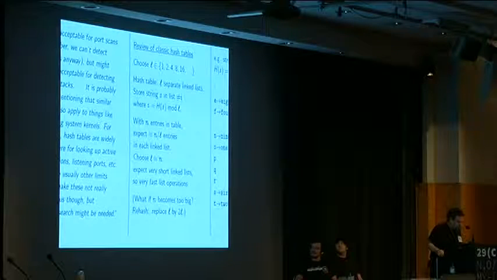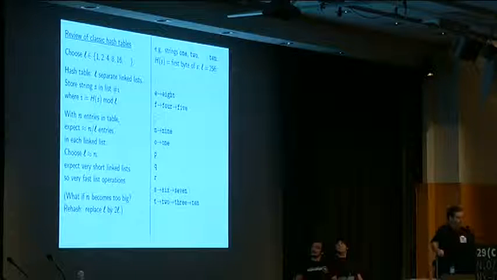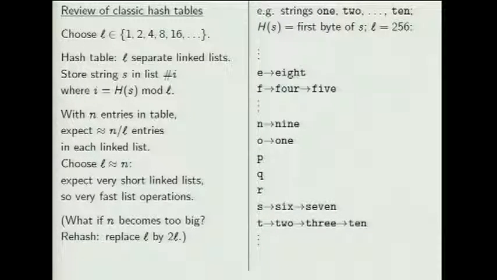Now let's look at a picture of what you could do here. If you just choose your hash function to take the first byte of a string, let's try storing the ASCII strings ONE, TWO, and so on, 10 strings in a hash table of size 256. That should be big enough for storing 10 strings. There's an array of 256 pointers to linked lists, where the T pointer, for example, at the bottom, is pointing to the string TWO, which is pointing to the string THREE, which is pointing to the string TEN.